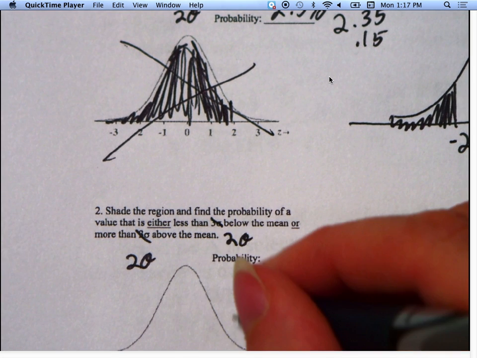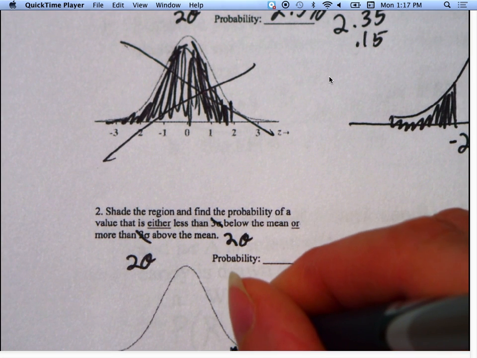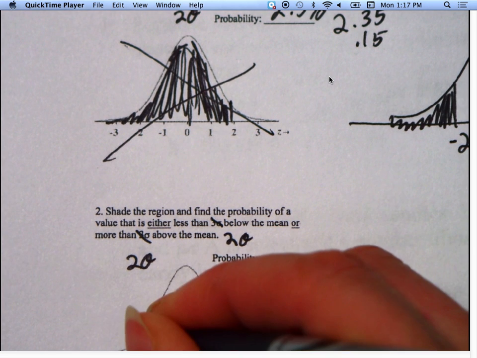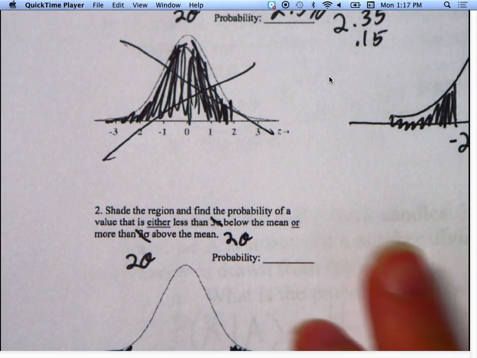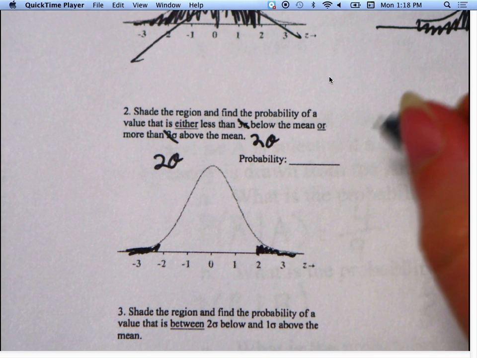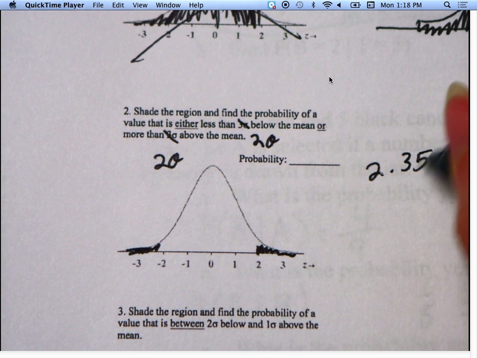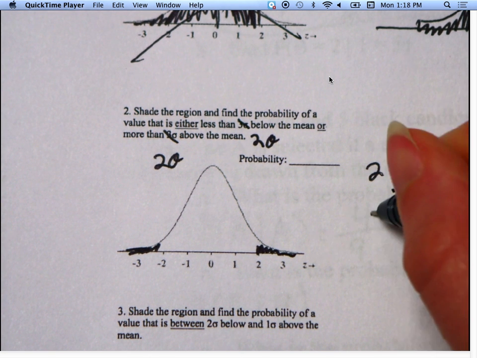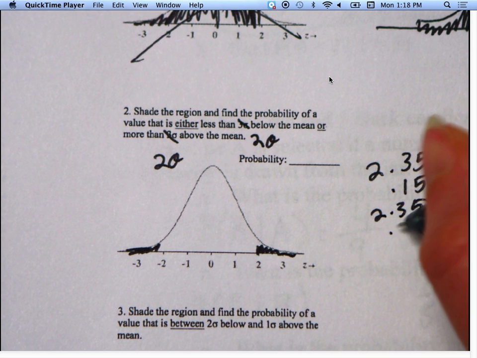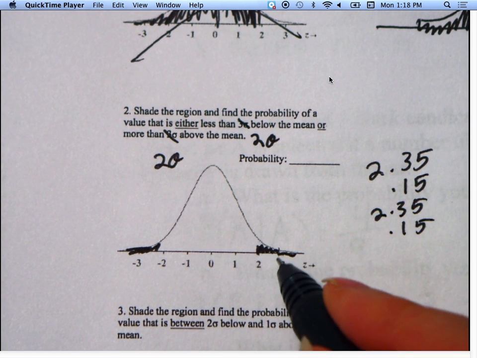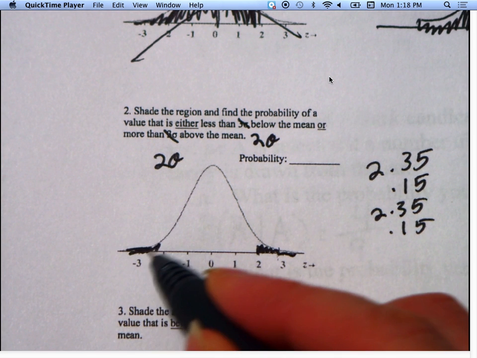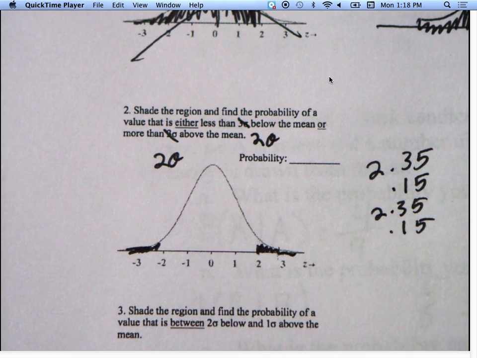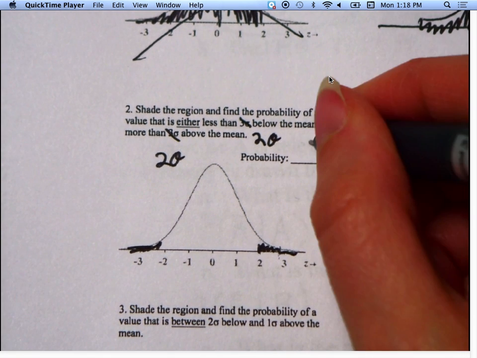So this is 2.35 and 0.15 and 2.35 and 0.15, right? Because it's all of this percent plus this percent plus this percent plus all of that percent. So we get a total of 5%.